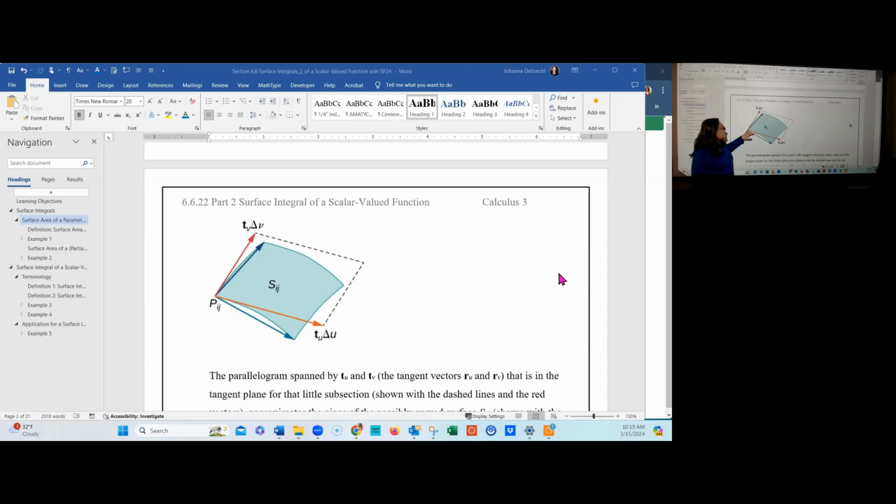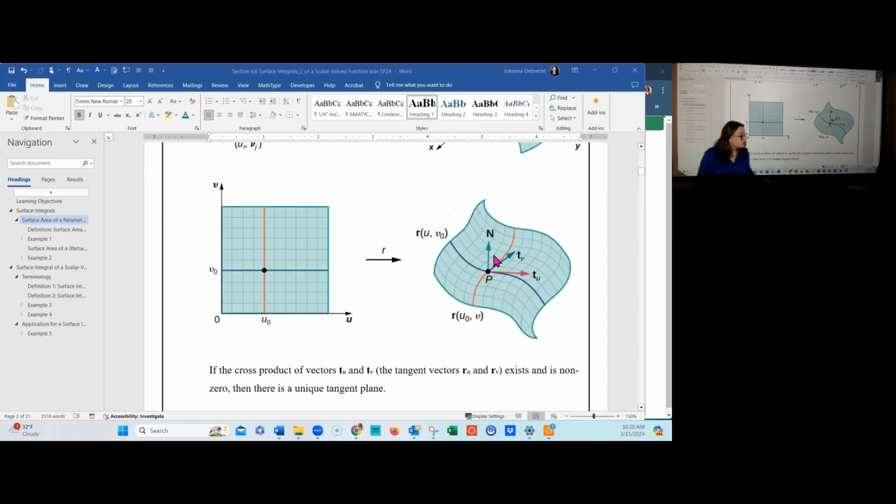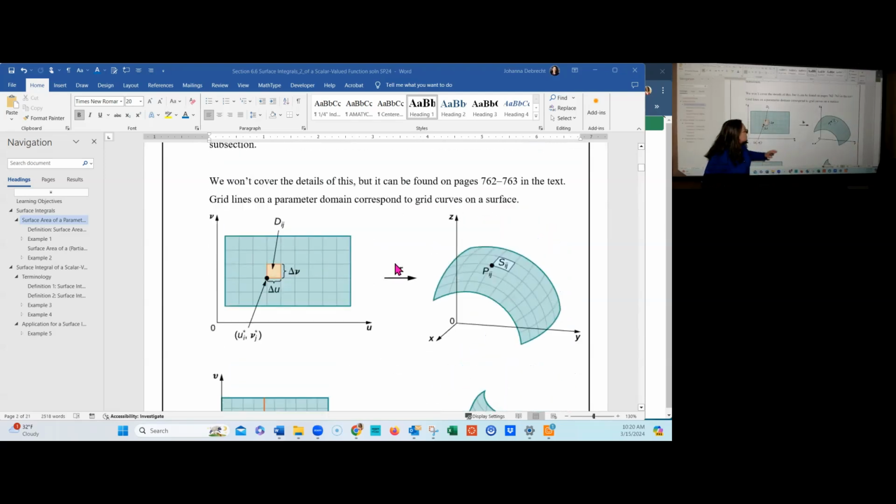So I can take delta V and multiply it by that directional derivative, the partial of r with respect to V, or T sub V. I can do the same thing for the directional derivative where I allow U to vary but hold V constant, which is the partial of r with respect to U. So I'm scaling each of these directional derivatives by delta U and delta V so that it corresponds exactly with the section that I'm taking out of my original surface, which is on this picture here.